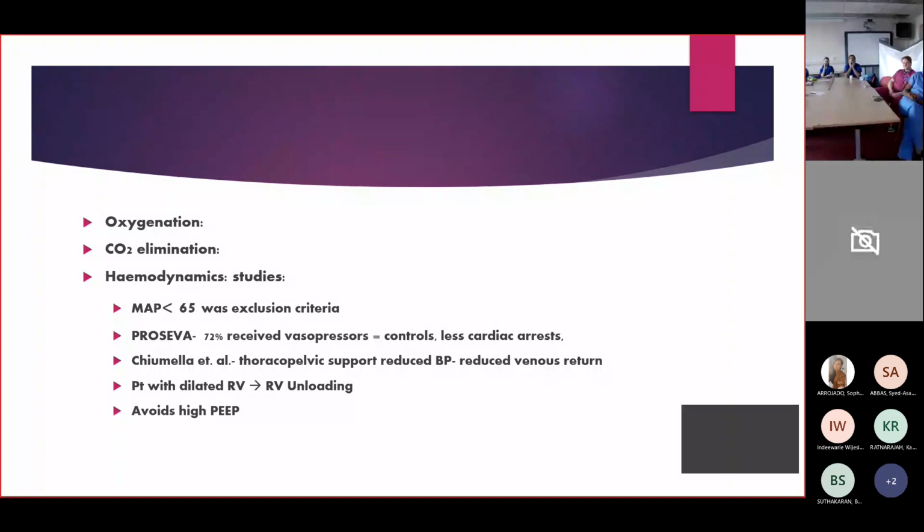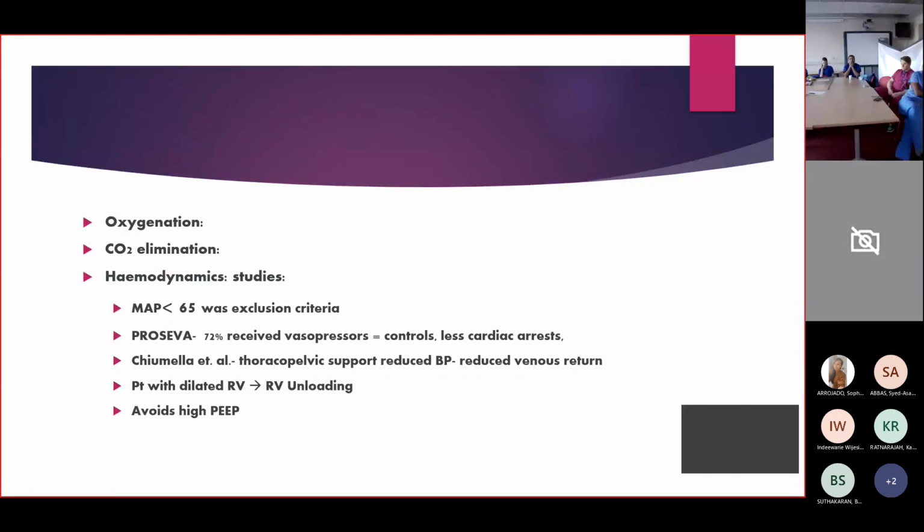It is also to be noted that even though these patients initially had a MAP of more than 65, many continued to have prone ventilation when the hemodynamic condition deteriorated, that is, when norepinephrine was started later on.